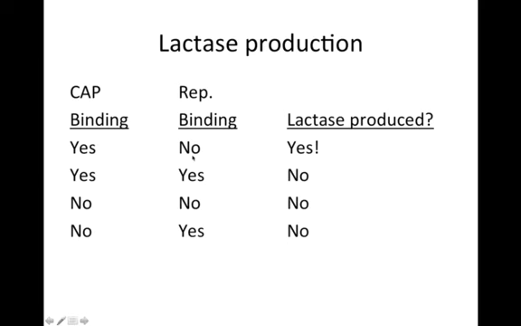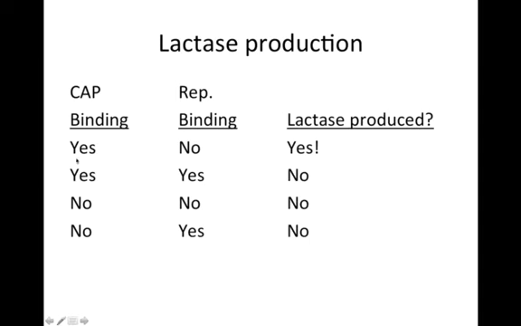If you think about it, this makes sense. Remember, over here we're sensing whether or not there's glucose, and here we're sensing whether or not there's lactose. The cell would optimally only produce lactase if there is lactose, which is to say there's no binding here, and if there is not glucose, which we will learn is when this is binding.